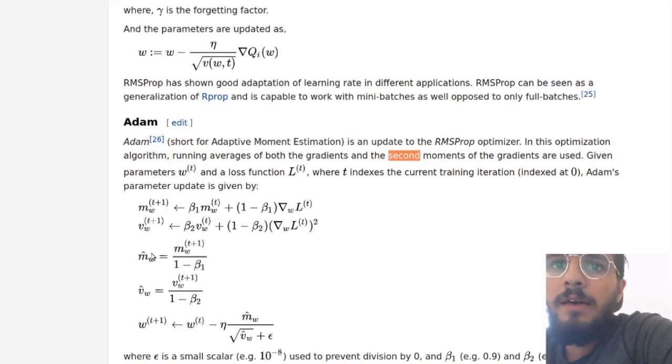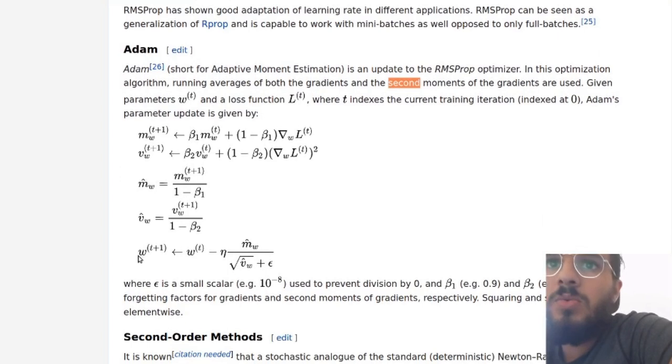Perfect. After that we have this m hat, which is that thing divided by 1 minus b1, and this, so those are normalized stuff, I guess. So you do this transformation over here, and then those are the weights. This is the parameter, so those are the theta, and then the new theta is equal to this theta minus the learning rate.